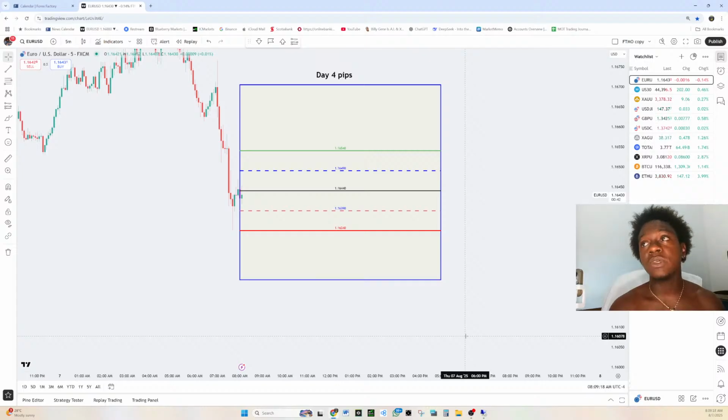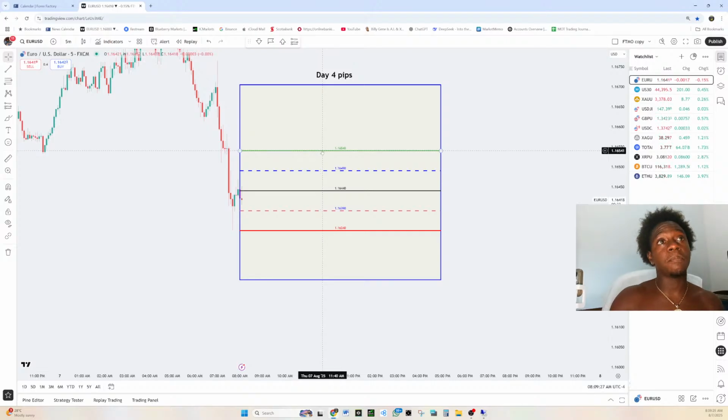But once we get on the first, we're gonna call this bullish level 1, or positive 10 pips above the 8 AM candle open price, and we're gonna call this red line bearish level 1. It's really bullish plus L1, and this is gonna be bearish minus L1.